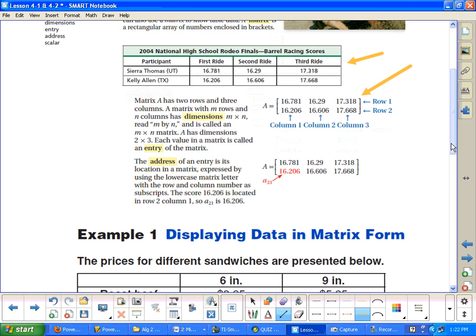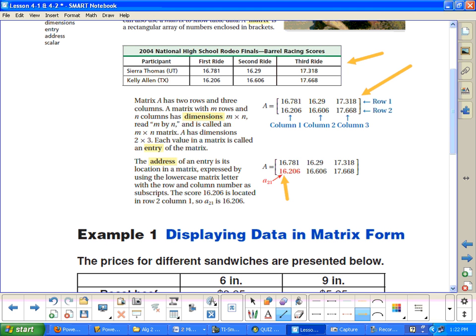So here we have what they call the address, A subscript 21. Lowercase a subscript 21. The first number represents the row number. The second number is the column number. So that means we're working with matrix A, so we're using a lowercase letter to represent the address.